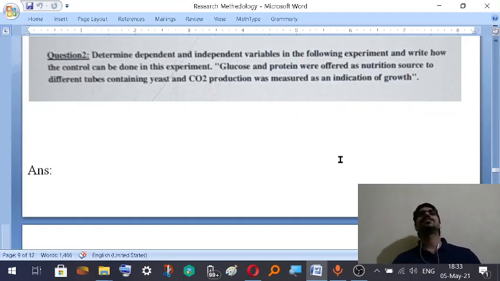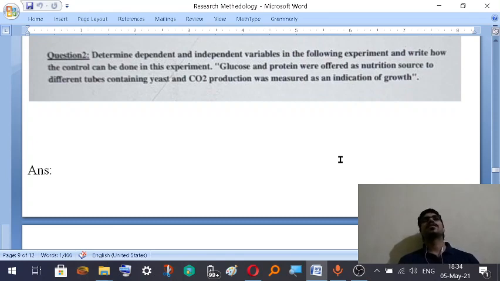This is Shashikant. Today we are going to discuss a topic from scientific methodology. Here we will start our discussion with a question and then we will explain the solution of that question.